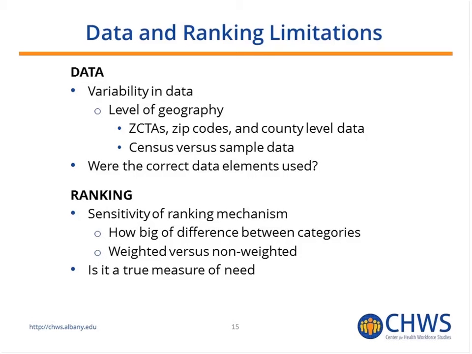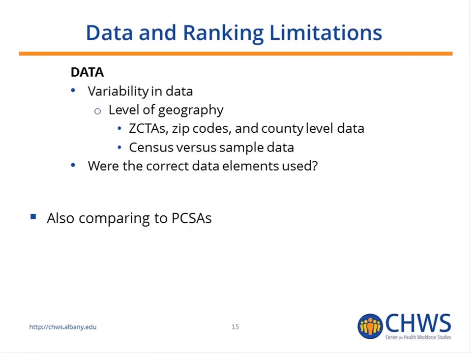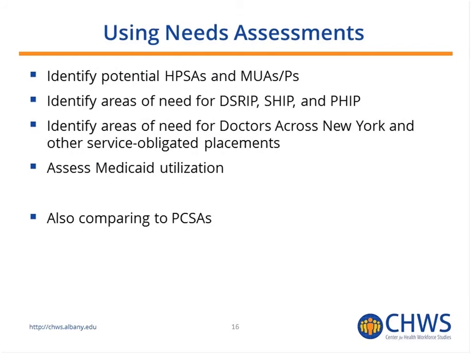Okay, so what would these be used for? We can use them to identify potential HPSAs and MUAs. In New York State, we have a number of programs going on, DSRIP, SHIP, and FIP, and they can be used for helping identify needs within those programs.